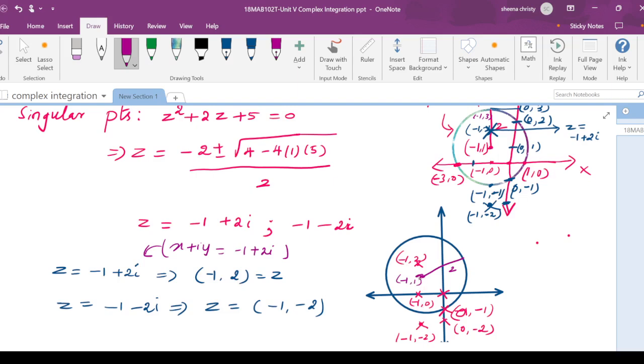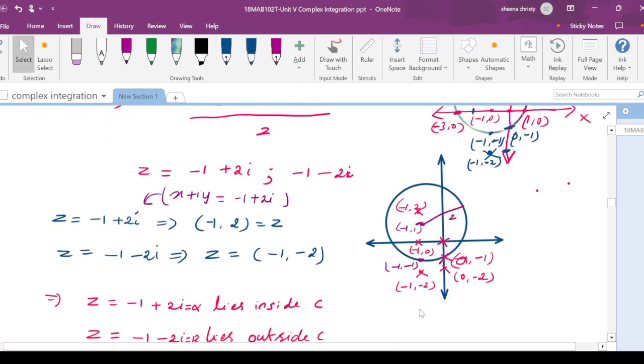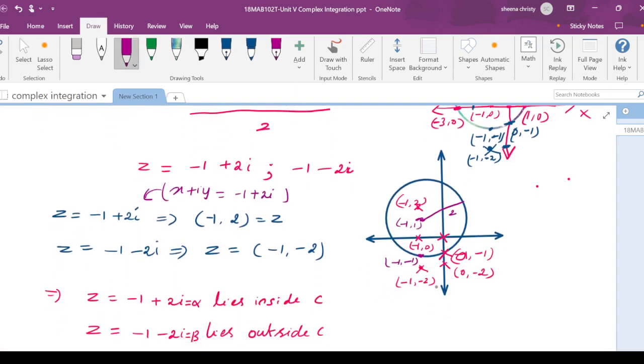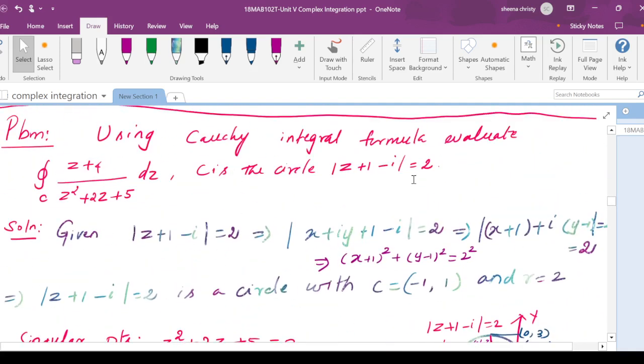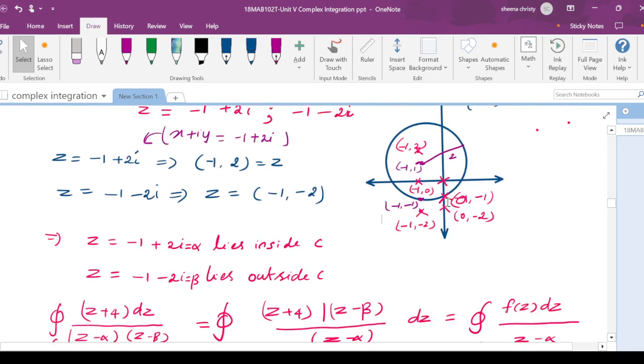Therefore, from (-1, 1) going down, this point is (-1, 0), so 1 unit and then 0 to 1, this point is (-1, -1). Therefore, the point (-1, -2) definitely lies outside the circle |z + 1 - i| = 2.